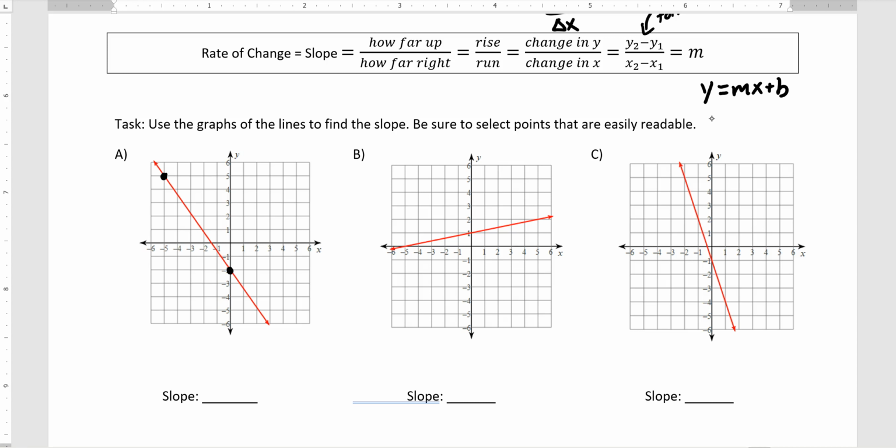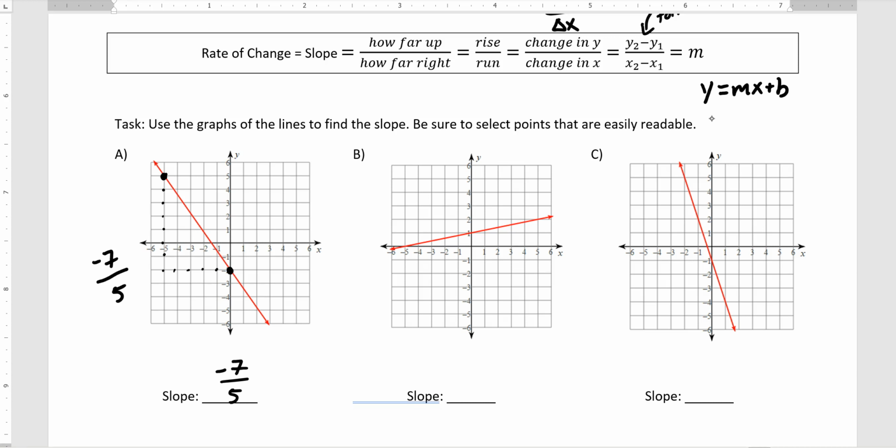So notice we'd be going 1, 2, 3, 4, 5, 6, 7 down. So that'd be -7 over. How far to the right? 1, 2, 3, 4, 5. -7 fifths. So the slope of this line would be -7 fifths. We went down 7 for every 5 right we go over. Remember, it's a change in y, change in x.